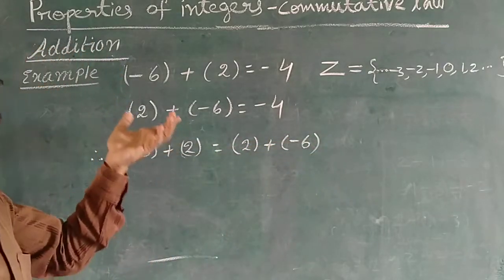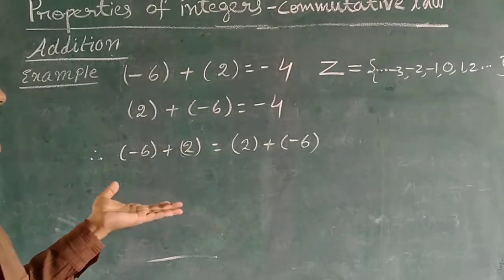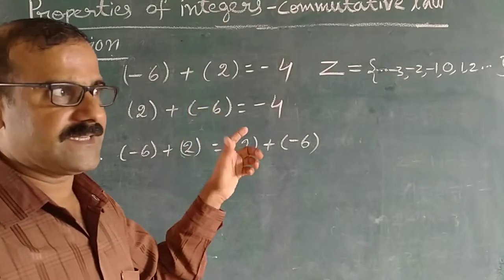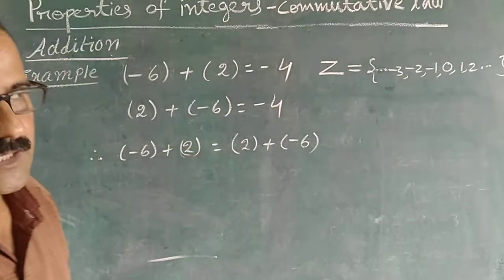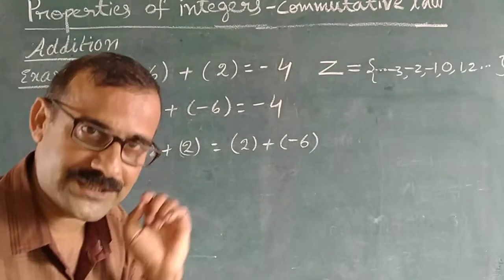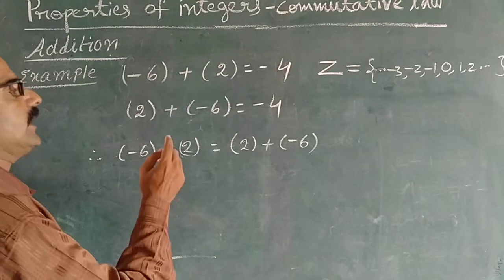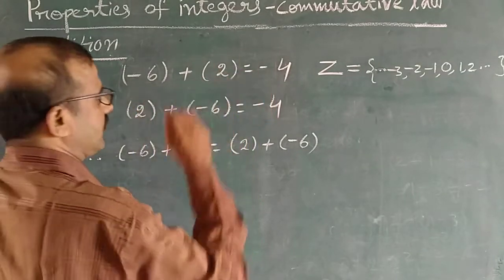So when we take two positive integers, their sum is always positive. If you take two negative integers, their sum is always negative. If one is positive and one is negative, the sign of the bigger number decides the result.